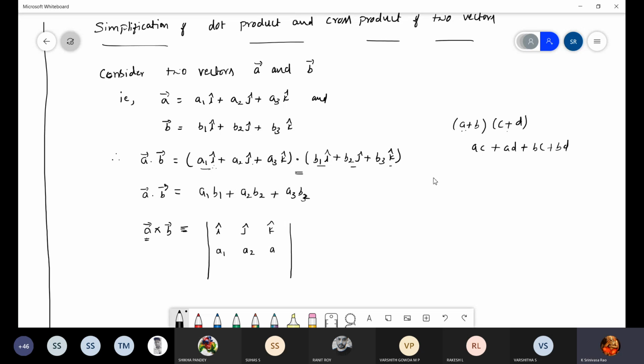This is the second row. And the third row, the coefficients of the second vector, that is b. The coefficients of unit vectors I, j, k are b1, b2, and b3. This is the way we will calculate a cross b. And this is the way we will calculate a dot b. Got it? Any doubt?